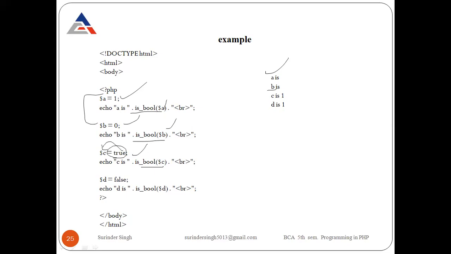We are checking is_bool and it returns 1 because c is of boolean type. And here we are assigning value false to d, and we are checking is_bool d and it returns 1. Clear? And it returns 1 because d is of type boolean.